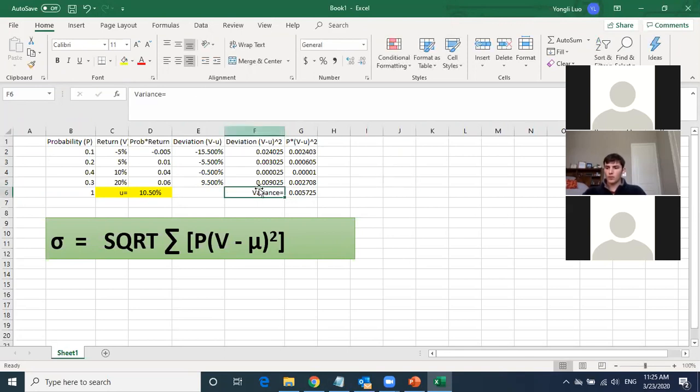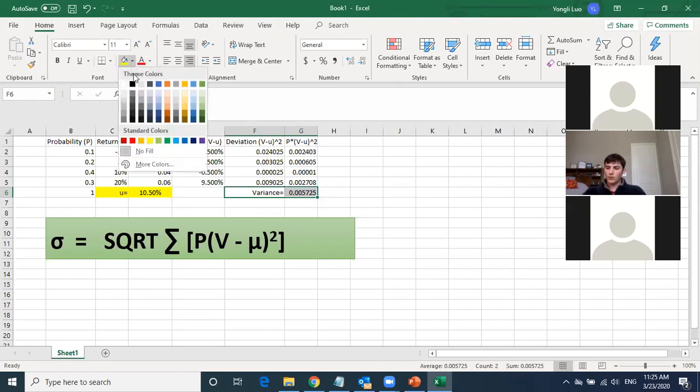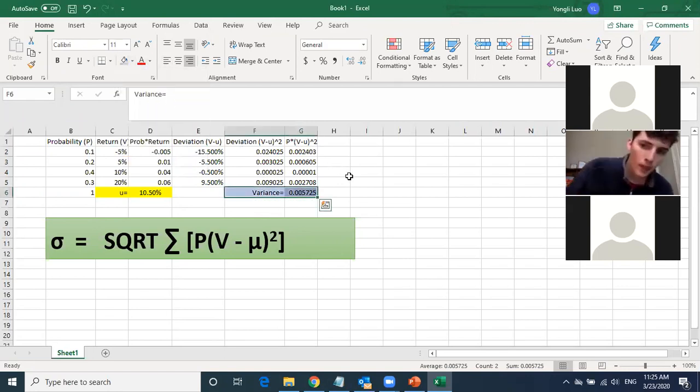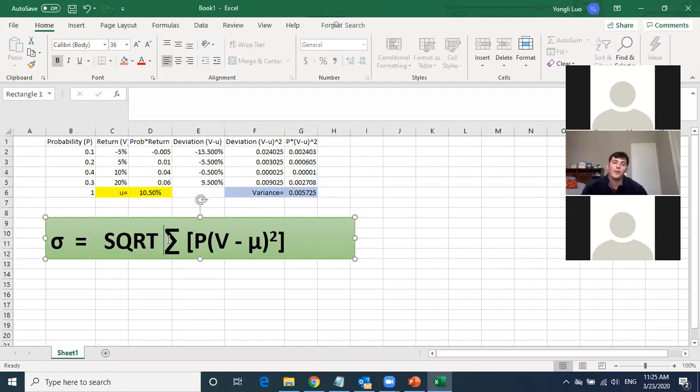So the variance, we use a different color, so we fill them up. So the variance is not complete. So so far the variance is this part. Okay, this part is your variance.